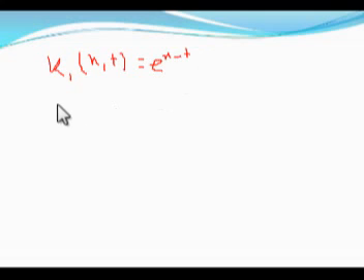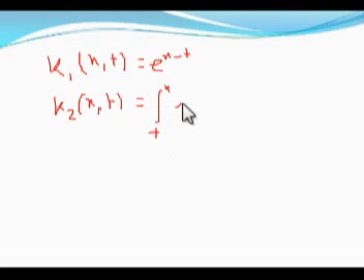Then we have to find K2(x,t) by the formula that I have provided. It will be the integration from t to x of K(x,z) and K_(n-1)(z,t). Here n is equal to 2, so n minus 1 means K1(z,t).